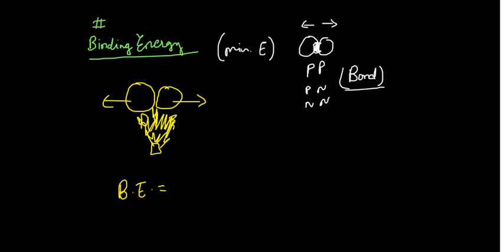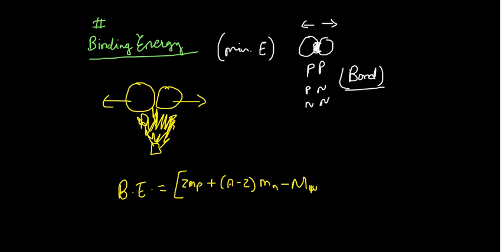It's E equals mc square, or BE, binding energy, is equal to, as we have studied, [Zmp + (A minus Z)mn minus mass of nucleus].